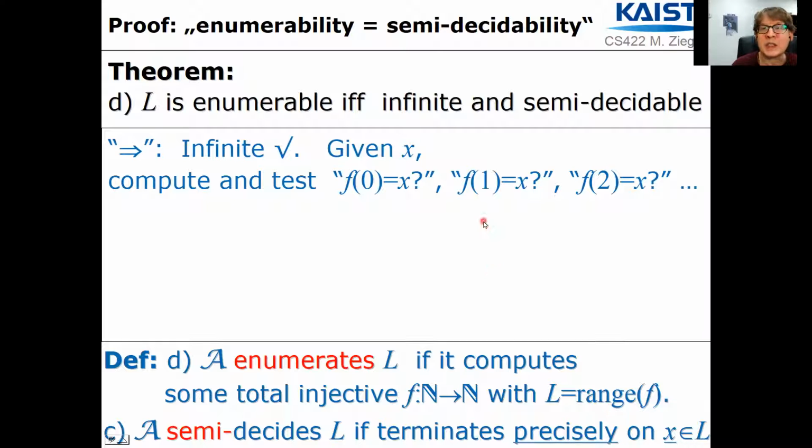Whereas if the input does not belong to L, then this execution and search, f of 1, f of 2, f of 3, and so on, continues indefinitely.